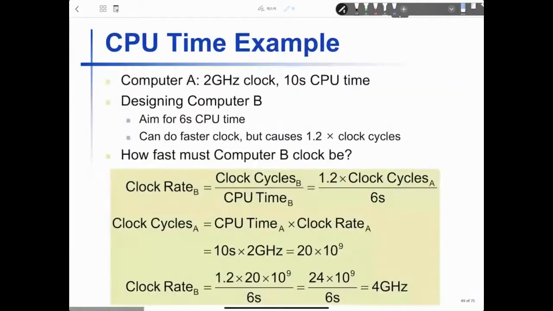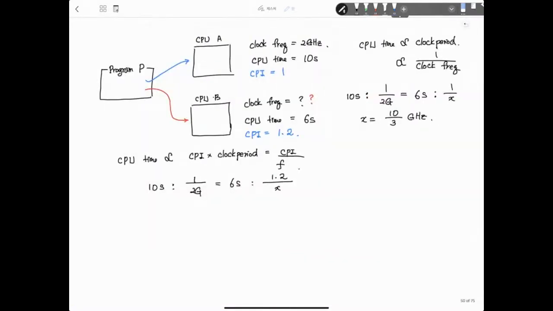Then it's 4, right? X is what? 0.2. So 4 kHz, right?